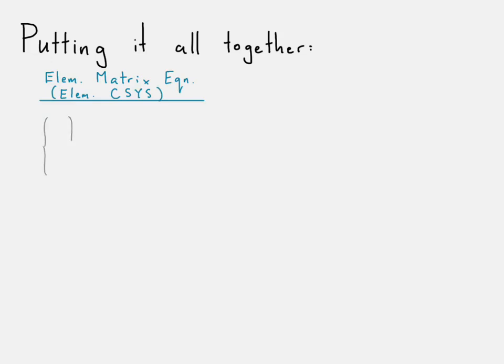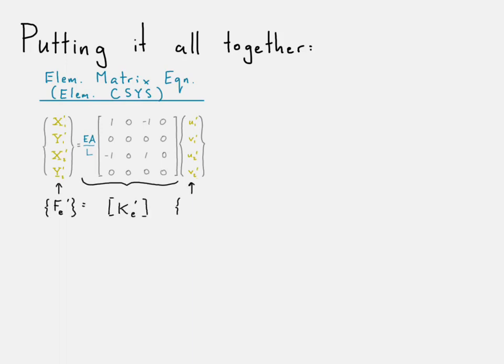Okay, so how can we put it all together? Well, we have our elemental matrix equation in the elemental coordinate system. There we have just ones and zeros inside that matrix multiplied by the stiffness of the truss bar itself. That's our matrix notation for the stiffness matrix equation for the element in the element's own coordinate system.